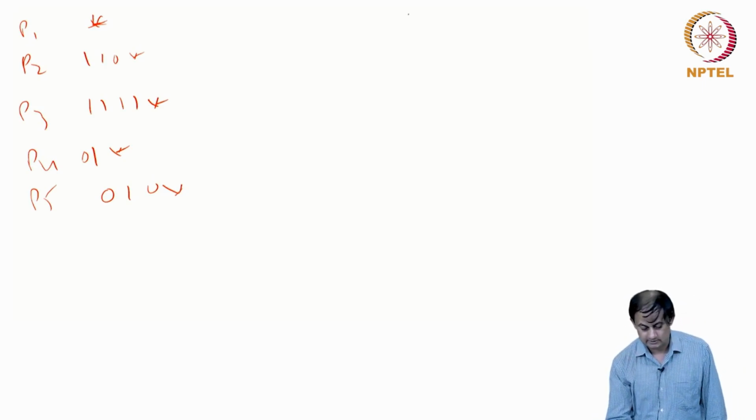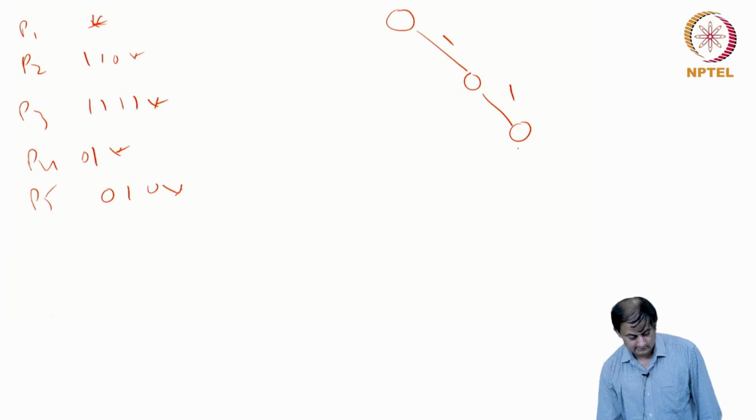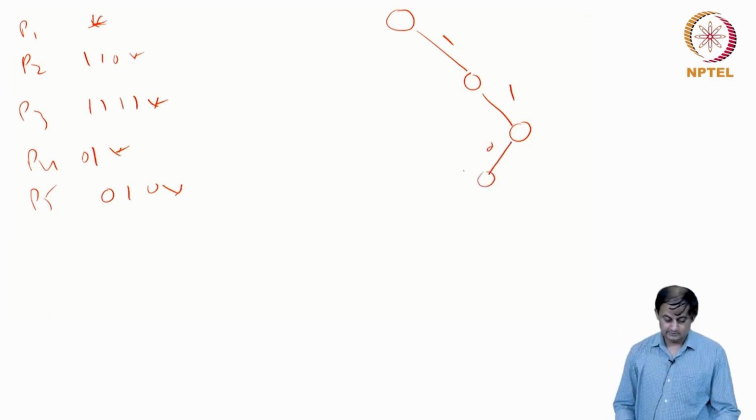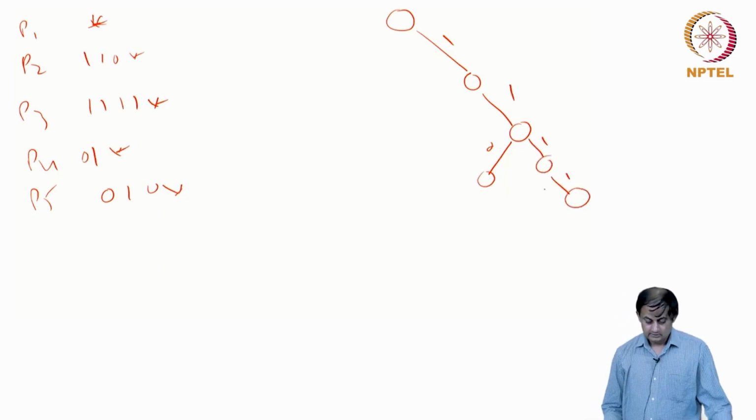So as usual, I start with the root node, and then P1 is taken care of. P2 is saying 1 1 and then a 0 to the left, and P3 is saying 3 times 1. Then P4 is saying 0 followed by 1.